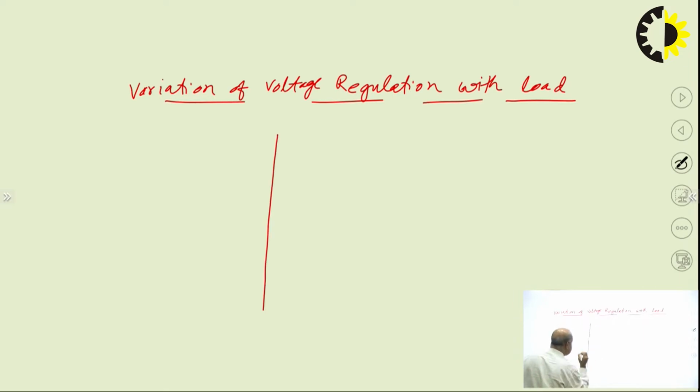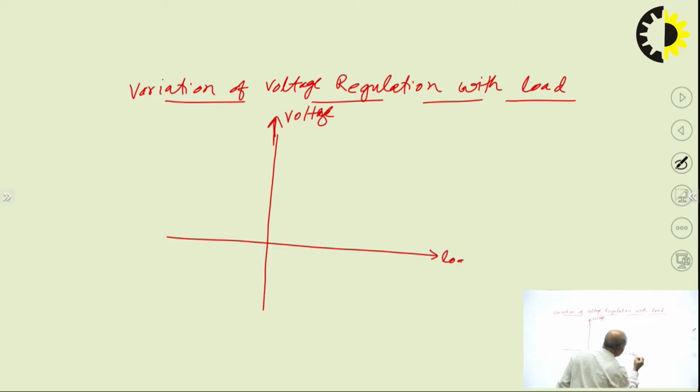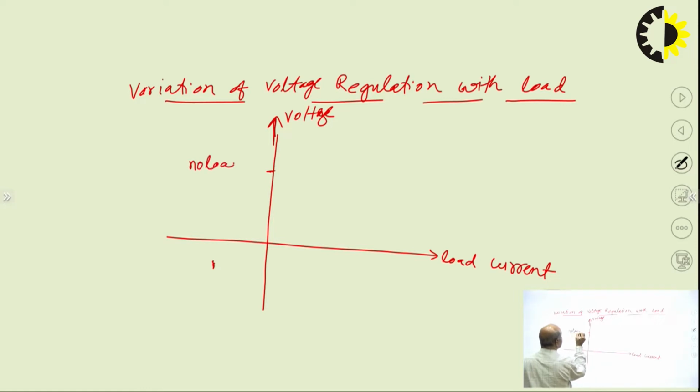Suppose this is our voltage axis, and this is our load current. When load increases, load current increases. Suppose this is the value of our no load voltage on the voltage axis.